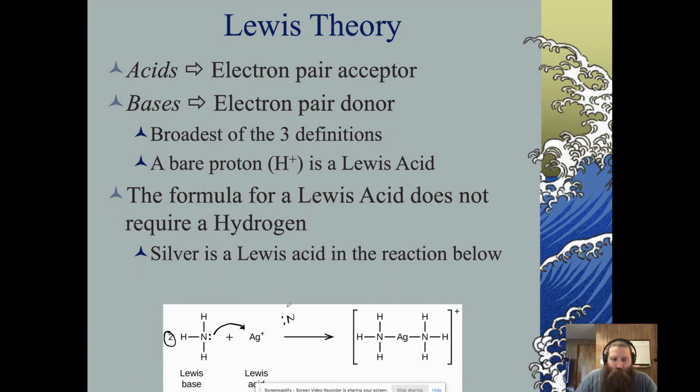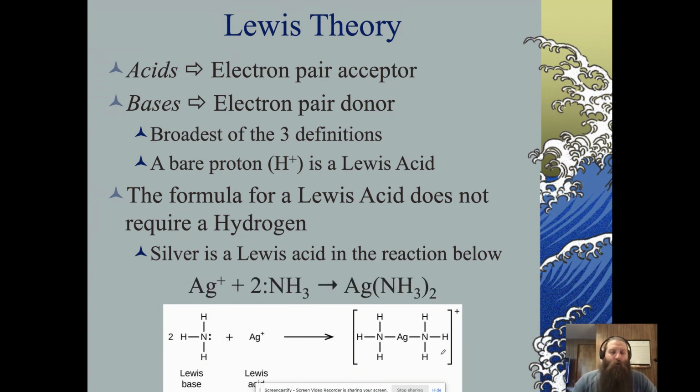So we'll draw the other one. It is accepting electron pairs to form this new compound. Here are the electron pairs that it accepted. Electron pairs, because we know that a bond is formed by a pair of electrons. Now, according to Lewis theory, silver by itself is just an acid.